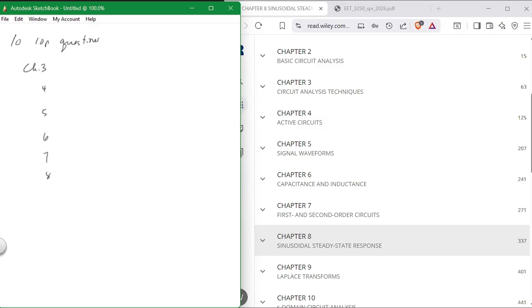Okay, so obviously there's going to be 2 questions from 1, 2, 3, 4, 5, 6, right? So there's 6 chapters. You can't have 2 questions from each chapter. That's a good observation.